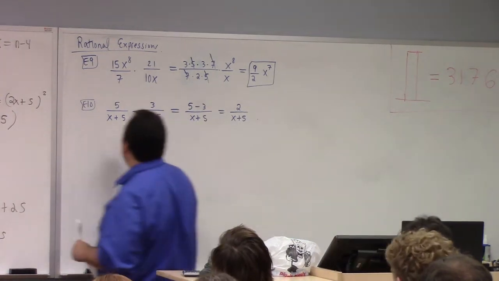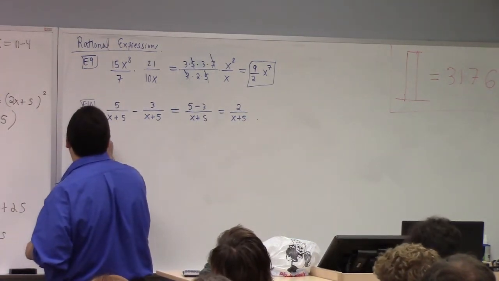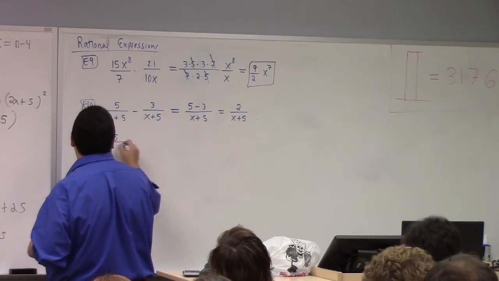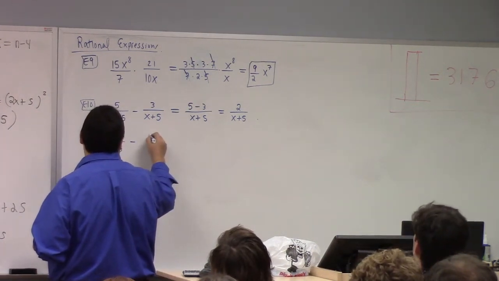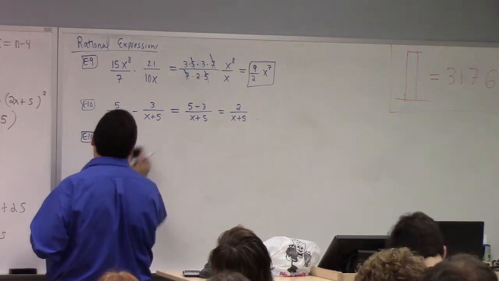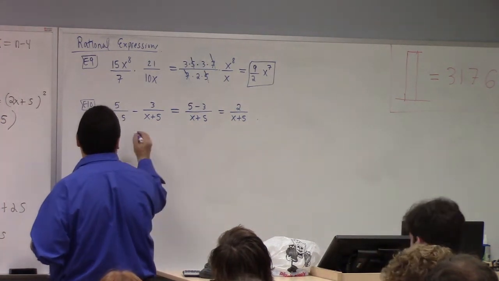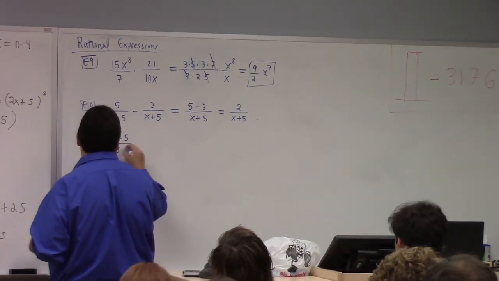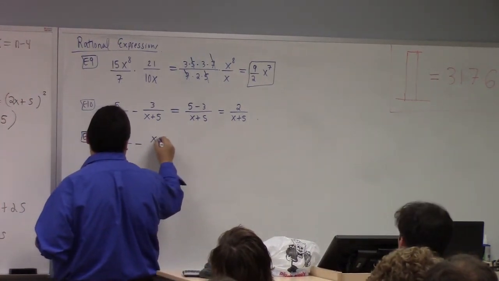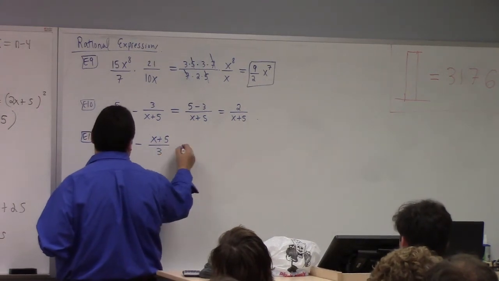So let's try a different one. What if we had 5 over x plus 5 minus, oh wait a minute, I'm sorry, my bad. What am I doing? I used the smudger. x plus 5 over 5 minus x plus 5 over 3. How would you do that one?